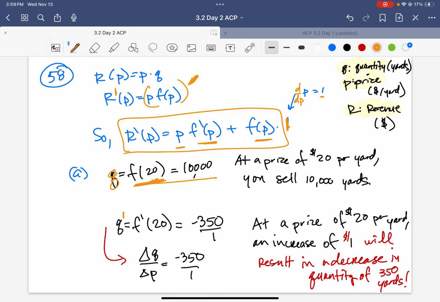Remember, q prime is just the change in quantity over the change in price. Quantity is in yards and price is in dollars. So really what we have is that at a price of $20, an increase of $1 in price will cause the quantity to go down by 350 yards.